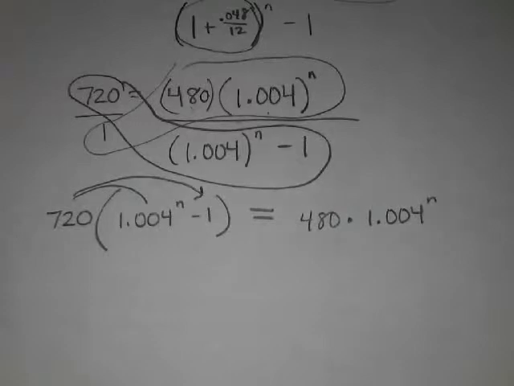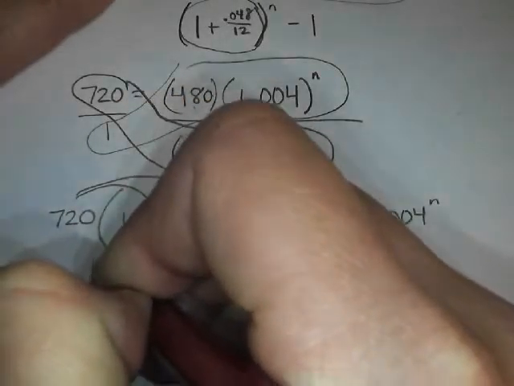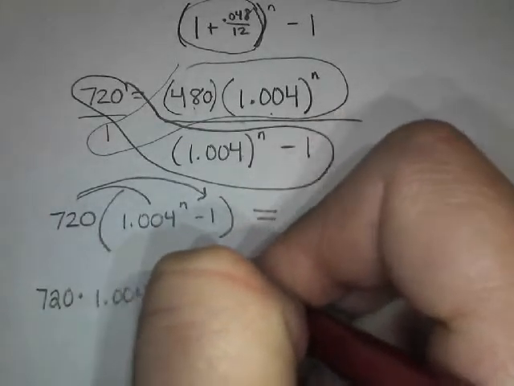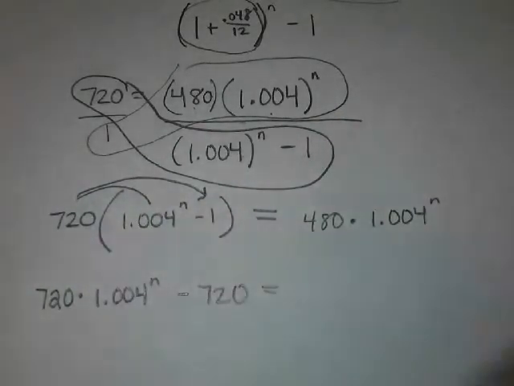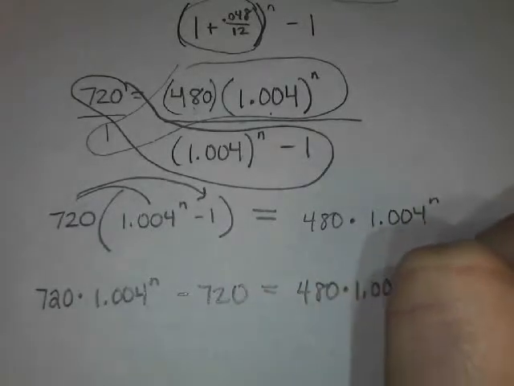I cannot do that, because 1.004 has an exponent. So I have to just be comfortable enough leaving it like that. And then 720 times negative 1 is minus 720 equals 480 times 1.004 to the nth power.